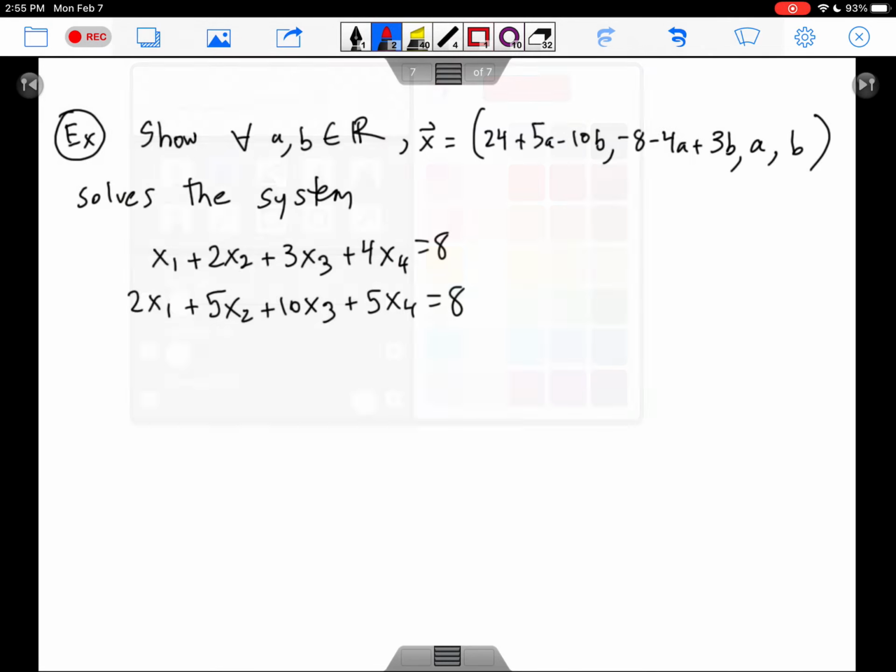So all we need to do to check that that thing up there is a solution is substitute those things into both equations and show that they are both true. So this guy would be x1, this guy would be x2, a would be x3, and b would be x4. So we're going to substitute all of those in for equation 1, see if it's true, and then for equation 2, see if that's true.